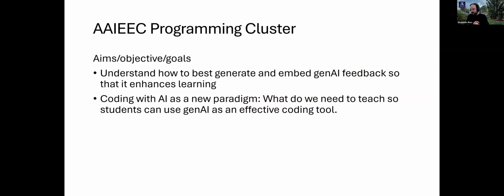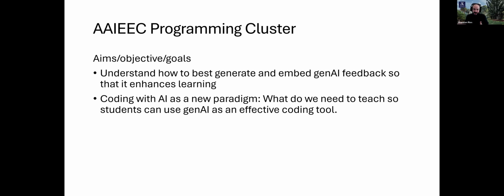But the programming cluster is also interested in essentially how we teach programming currently to especially first year students, and how that may or may not need to change given AI. In other words, what are the foundational skills we need to teach students around coding or programming, such that they can use generative AI as a power amplifier, which, as someone who's learnt a lot about coding, I know I can.